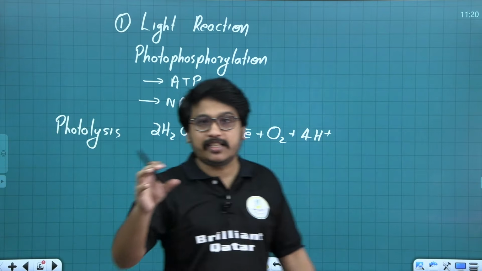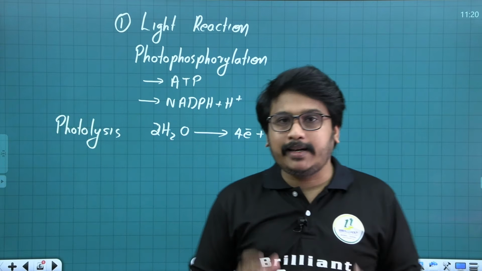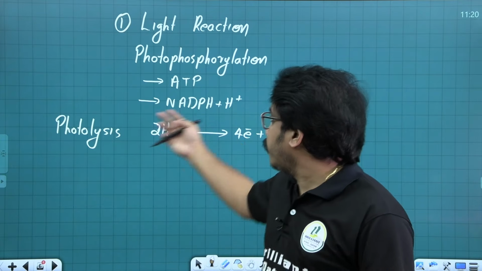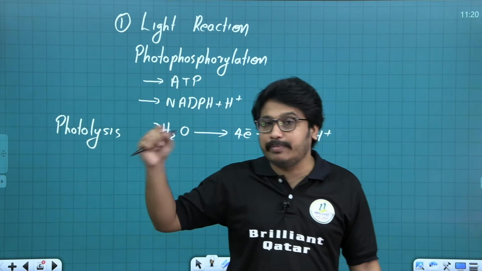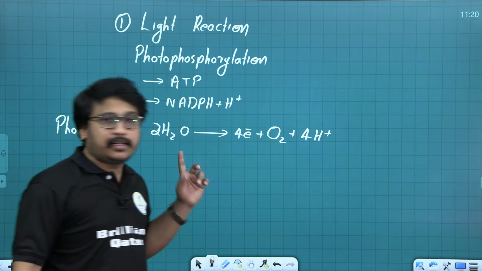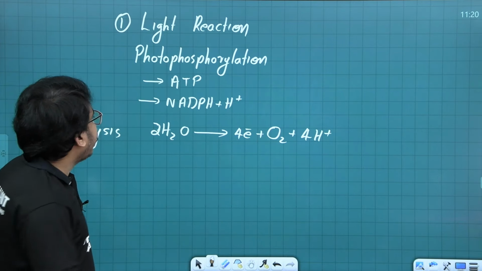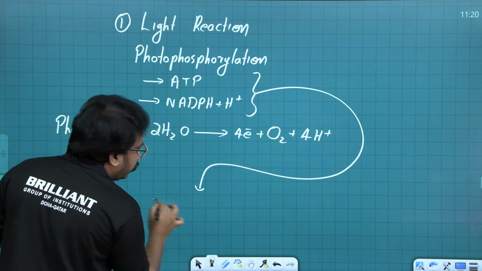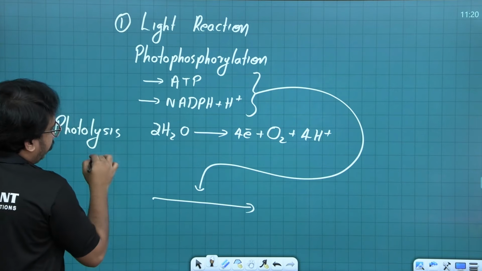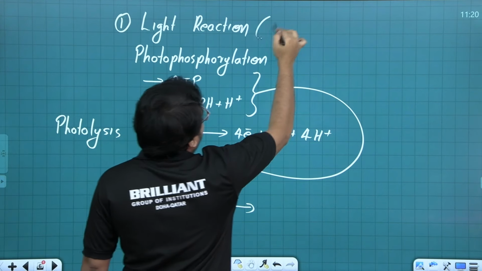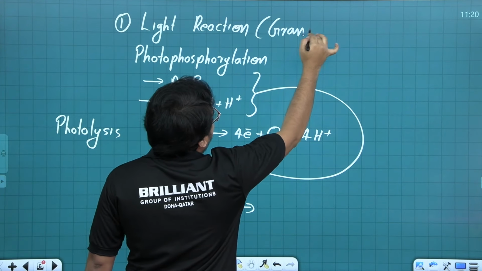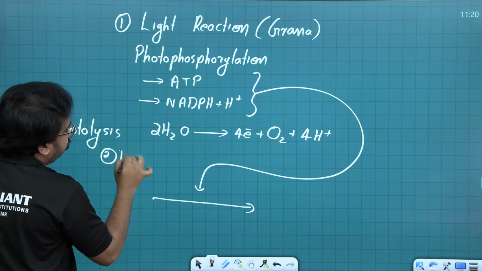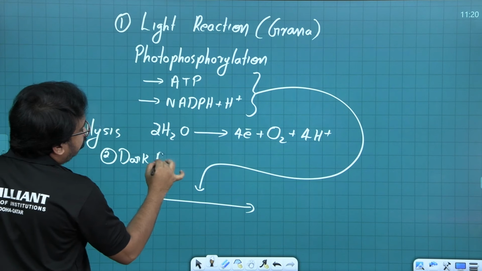So what I have written is a brief only. Understand, light reaction will occur in the grana, where the light energy is converted into chemical energy like ATP and NADPH, and there is also photolysis of water. And using this chemical energy from the light reaction, the dark reaction will take place. So light reaction is mainly occurring in where? Grana. In the second part of the chapter, we will discuss dark reaction.